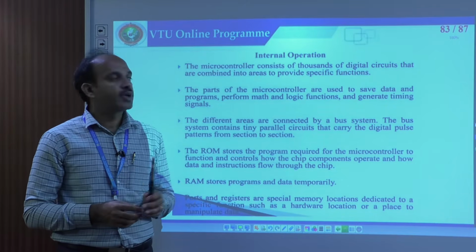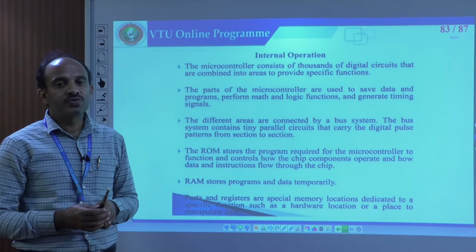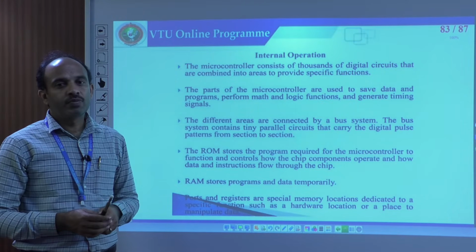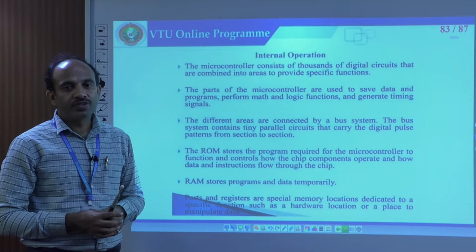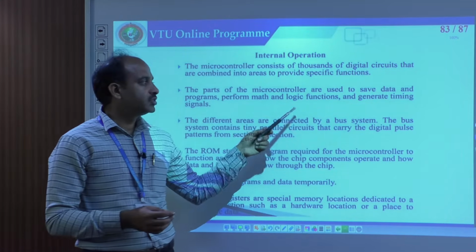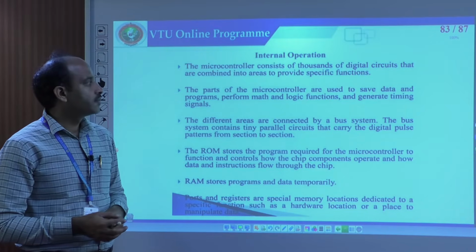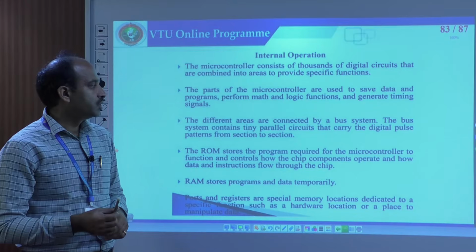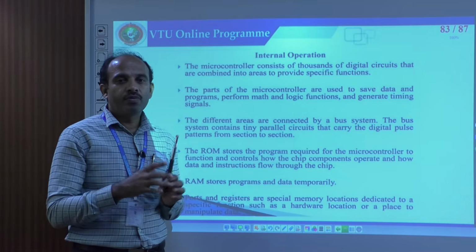The parts of the microcontroller are used to save the data and the programs, and to perform different functions, such as whatever the ALU does. It will perform mathematical and logical functions and also generate the timing signals. Microcontrollers are used for that too.